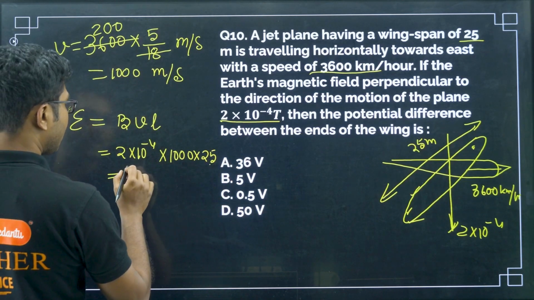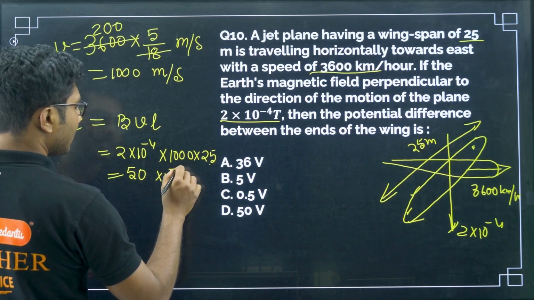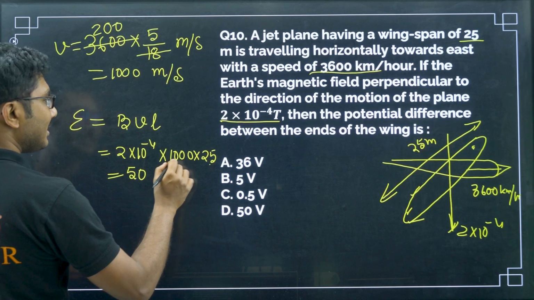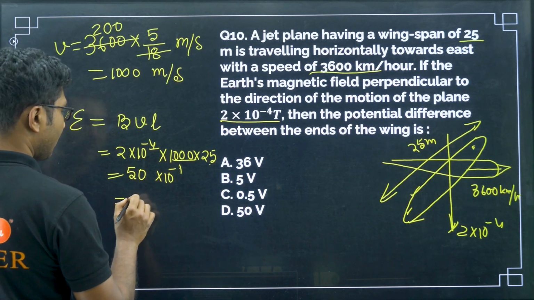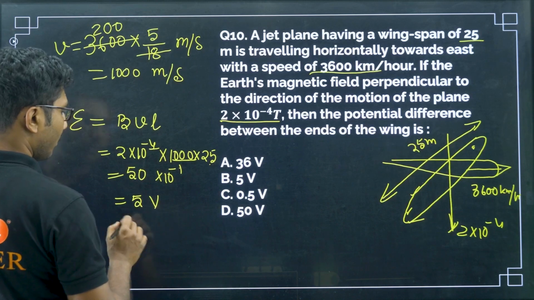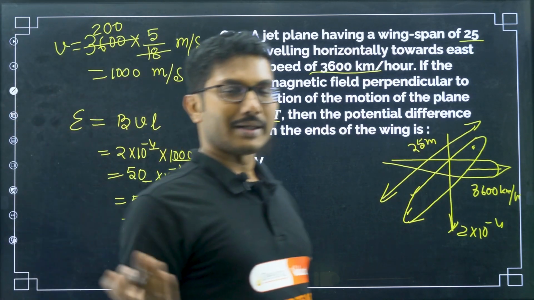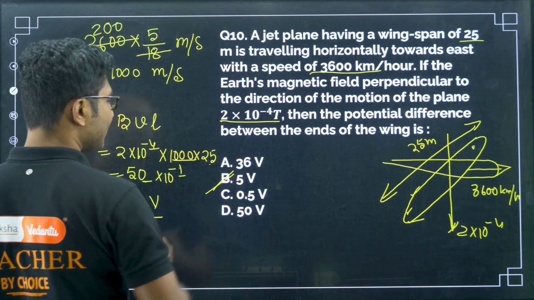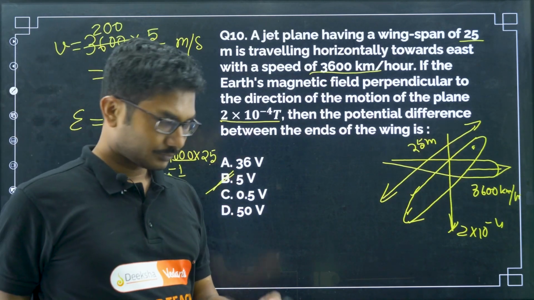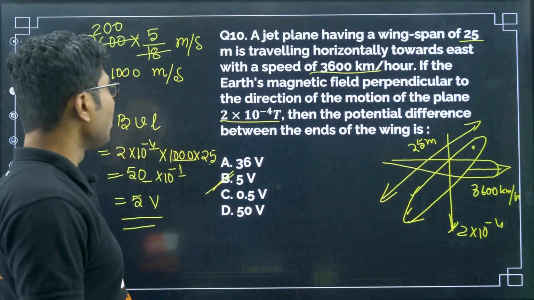So, 25 times 2 is 50, 10 to the power of minus 1. Why 10 to the minus 1? This 3 and this 4. So, only 1 will be left. So, minus 1. So, it will become 5 volt, right. So, these zeros and 10 to the power minus are enemies. They will destroy each other, right. So, 5 volt is the correct answer. Do not guess, solve it, easy question. You can score full marks.